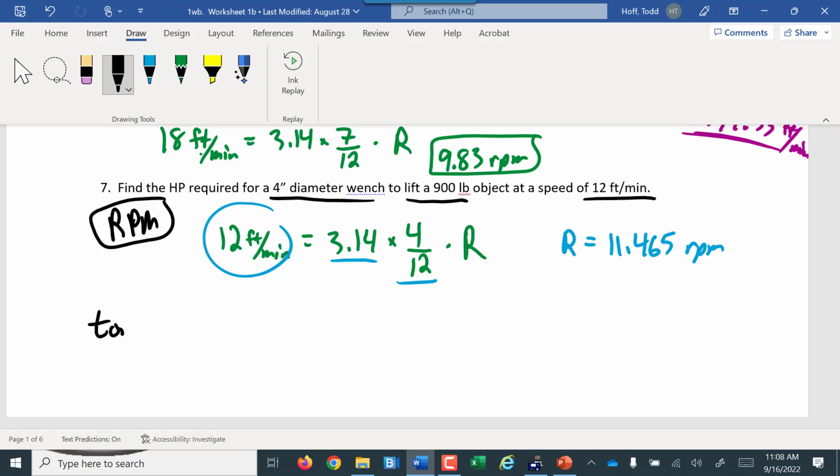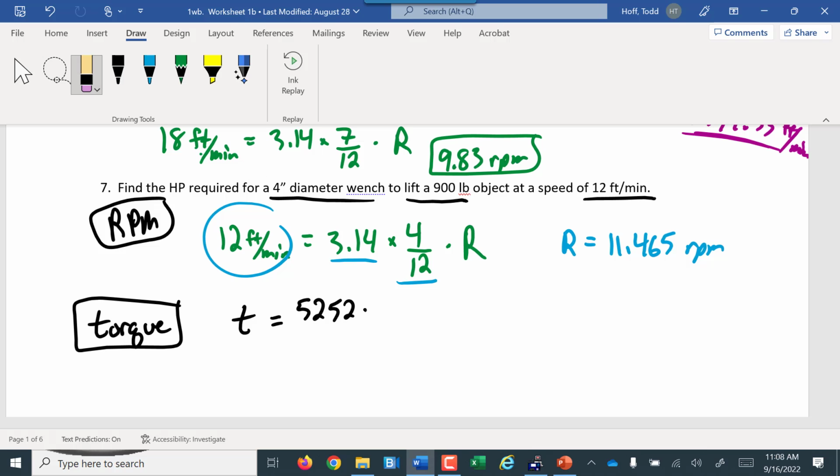Next step is to find the required torque. Torque, if you remember, was that 5252 times the horsepower. Oops, I'm getting ahead of myself. That's the engine torque. We want just the torque from the pulley.